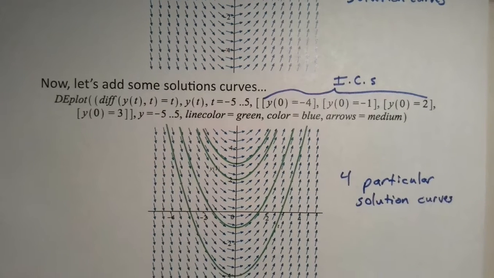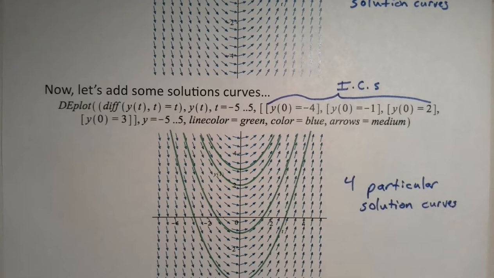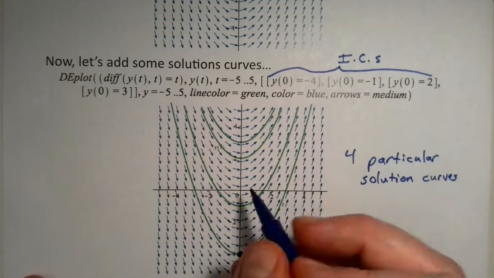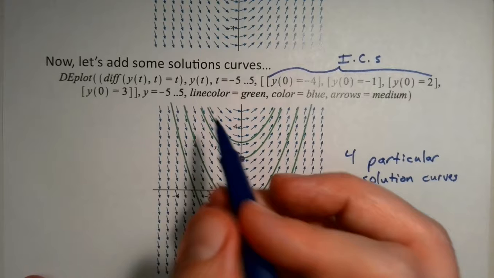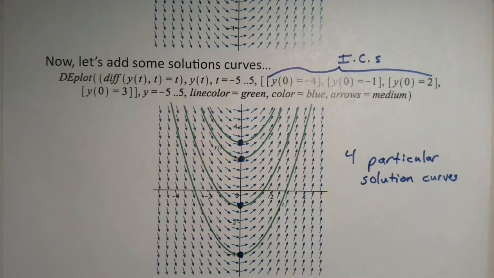You can see those initial values: y(0) = -4, that's this one down here. y(0) = -1, that's this one. y(0) = 2, that's this one. And y(0) = 3, that's this one right here. So there are 4 particular solution curves associated with their initial conditions.